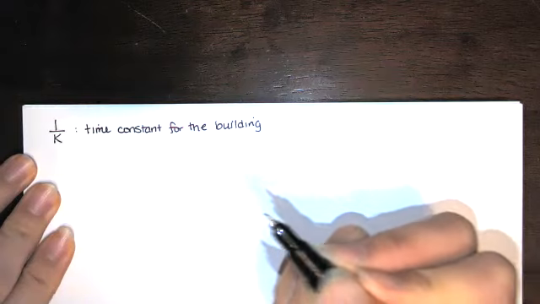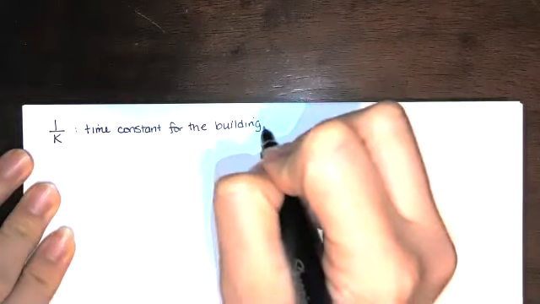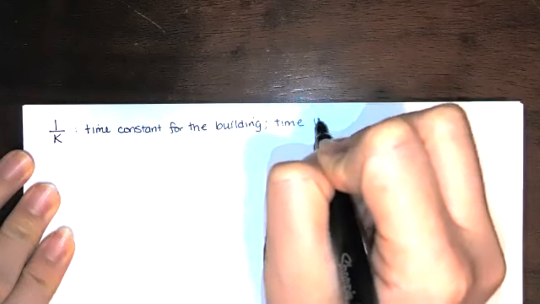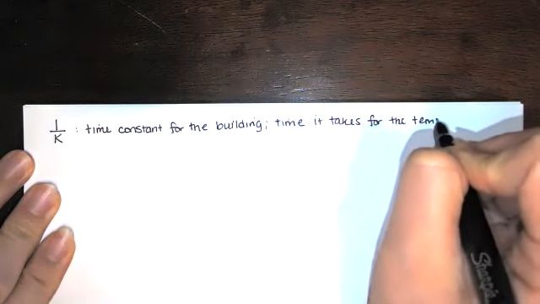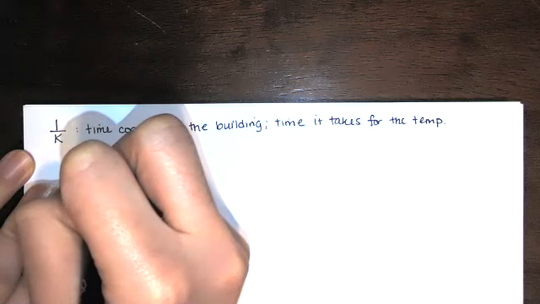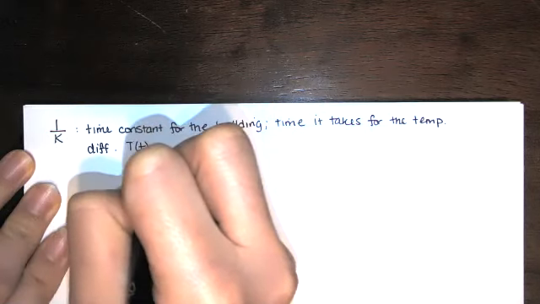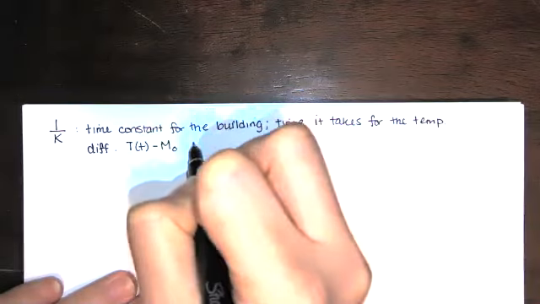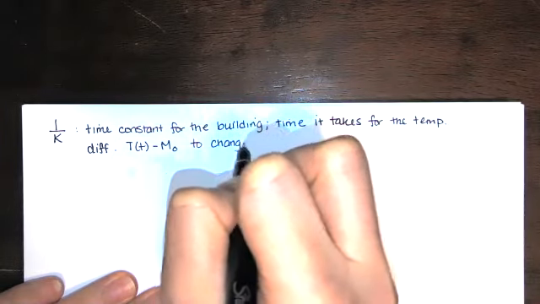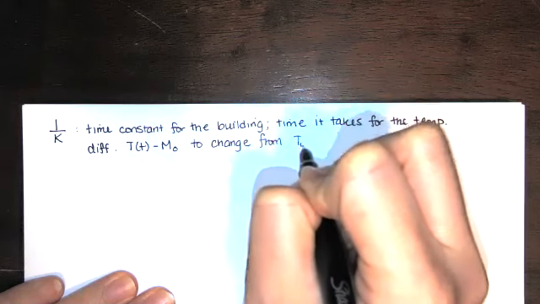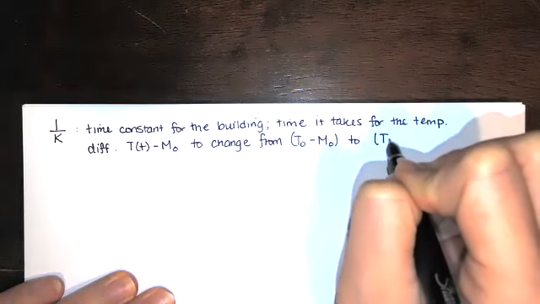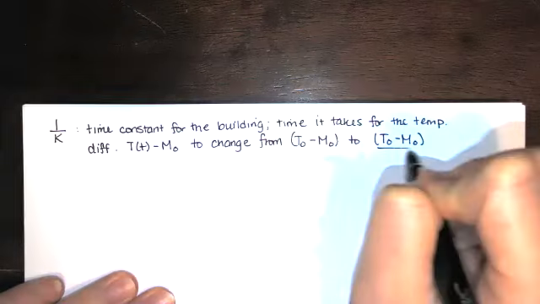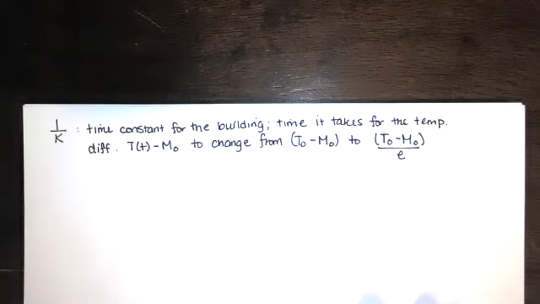And what this is, it's the time it will take for the temperature difference, that's T of T minus M naught, to change from the initial temperature difference, T naught minus M naught, to the final temperature difference, T naught minus M naught divided by E.